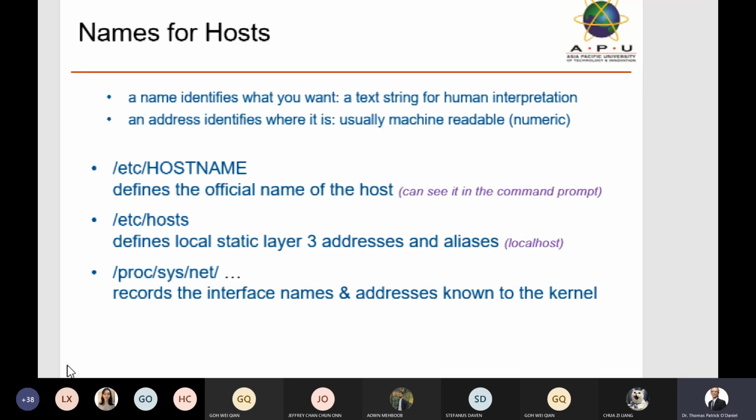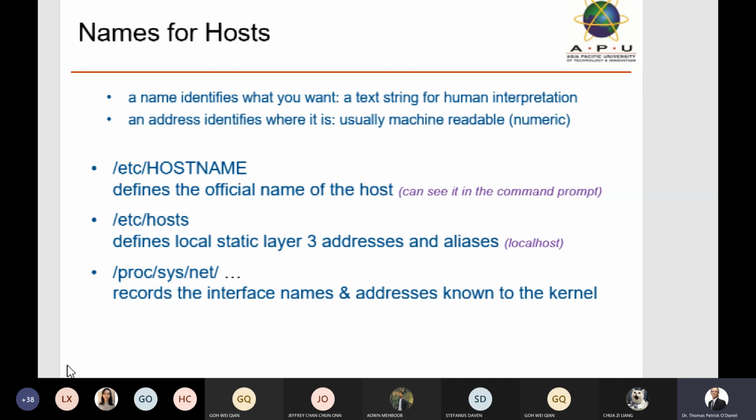There's one file, and these are the Linux files that we'll be looking at, called hostname that has the official hostname that we want put on the network. In Windows, this is stored in the registry. In Linux, it's in this file called etc hostname.